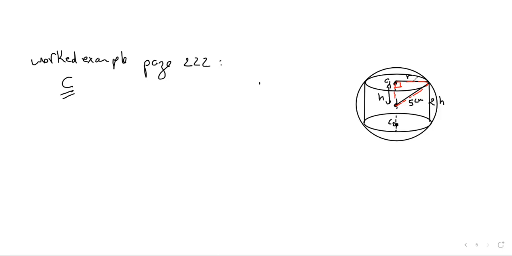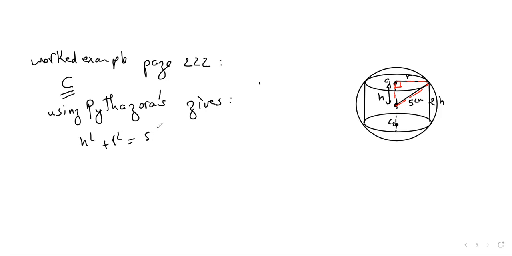I know the hypotenuse, I have r here and the other side is h. So using Pythagoras gives that h squared plus r squared is equal to 5 squared.